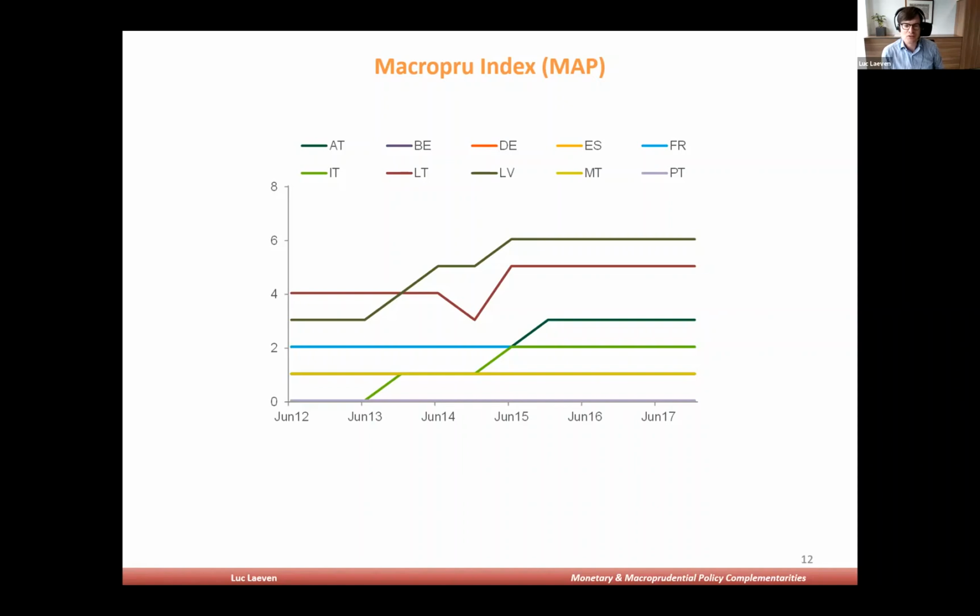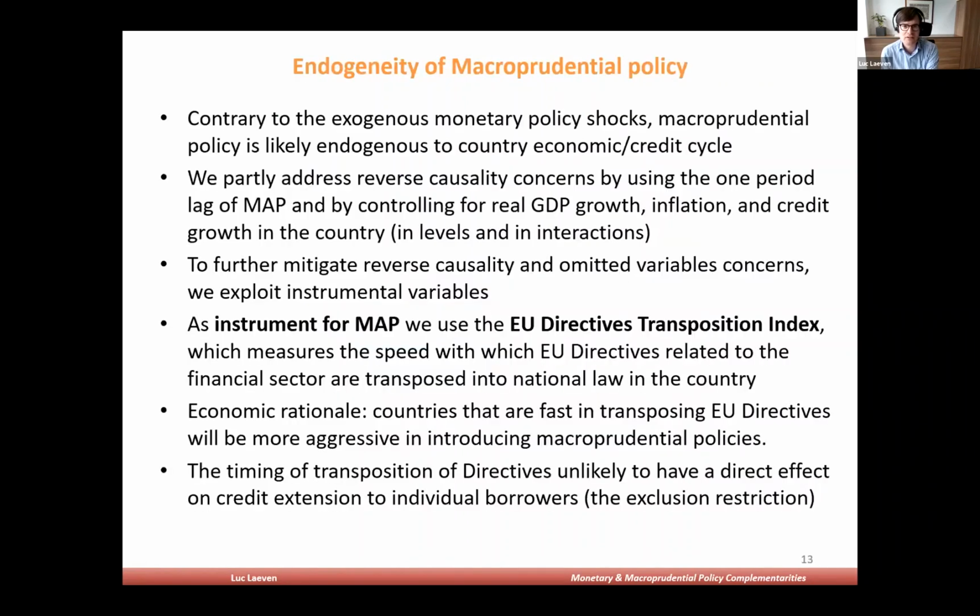So there's a very strong cross-country variation in this measure, and some time series dimension that we exploit. And the general tendency has, of course, been an increase in the use until most recently.